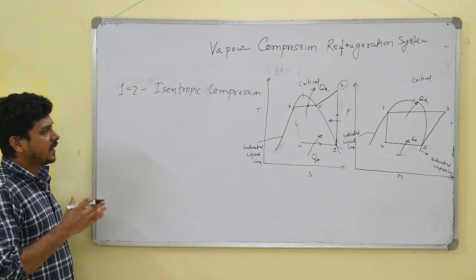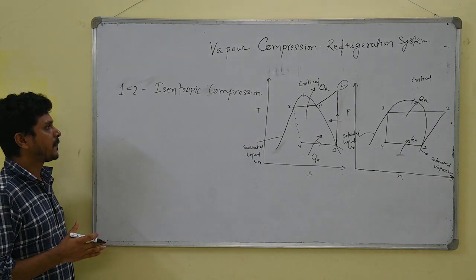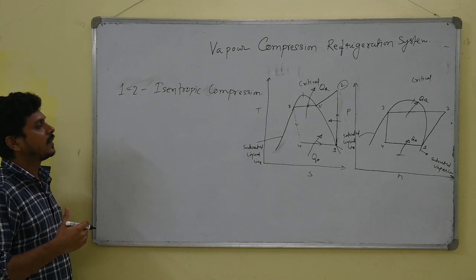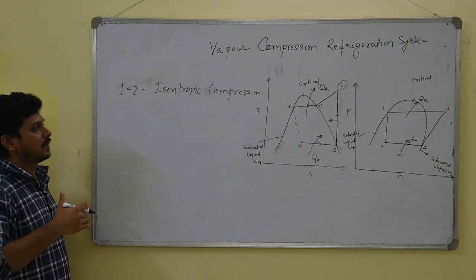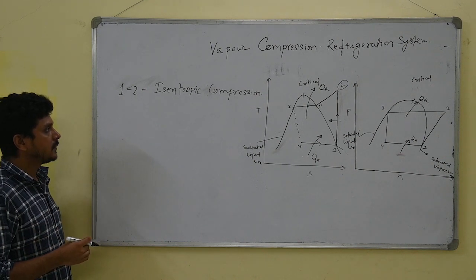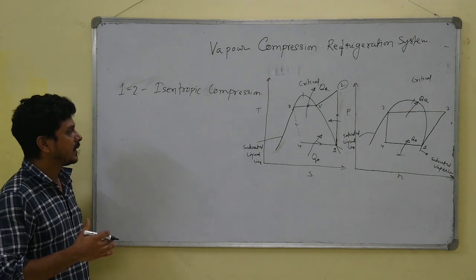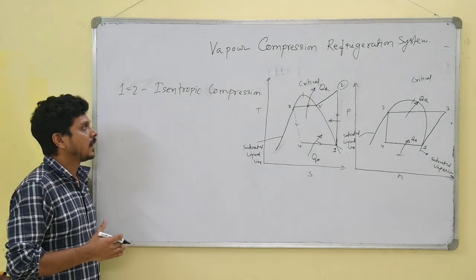During this process, the entropy is constant. That's why S1 equals S2, but the enthalpy is increased. This process is also called a reversible adiabatic process.